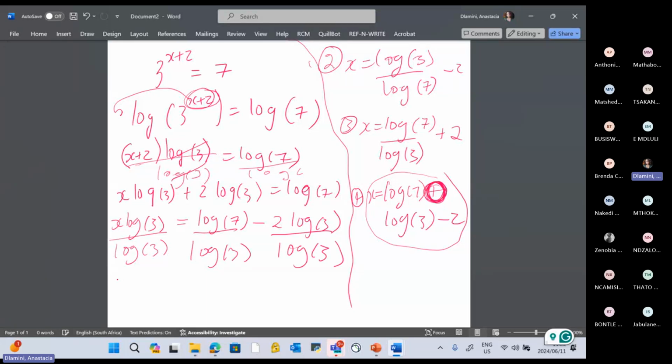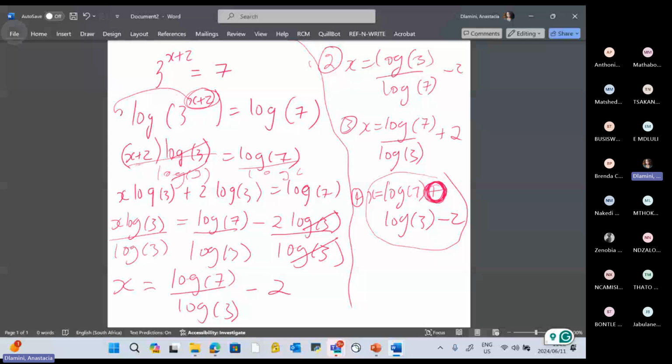So then here you remain with x is equal to log of 7 over log of 3. This log 3 and this log 3, they form a 1, so this is minus 2. Do you see that you're actually adding an extra step to it, but it still gets you the answer that we got? Yeah, I see it.